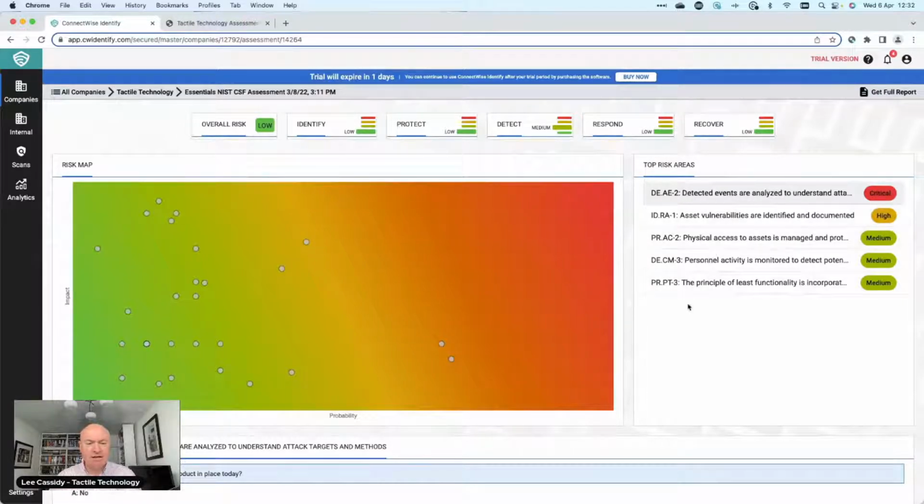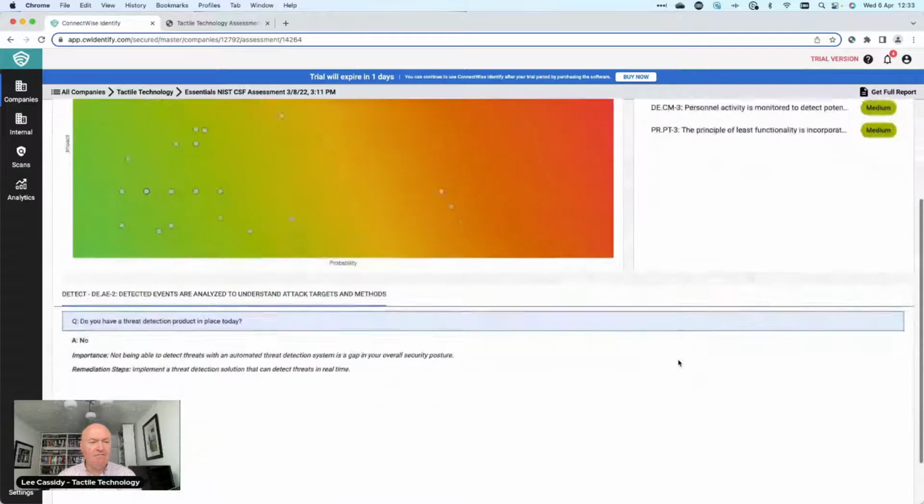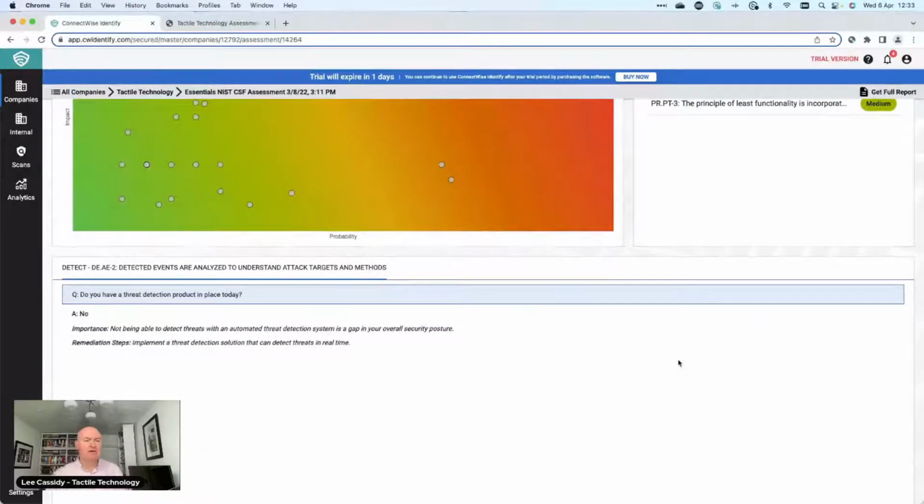As we select each one, we get information about it. So we can see what the question was: do you have a threat detection product in place today? Just to explain that, we're going to talk about threat detection and threat response tomorrow, because that's part of the NIST framework, where we would look at detect and respond. With endpoints, you've got two options.